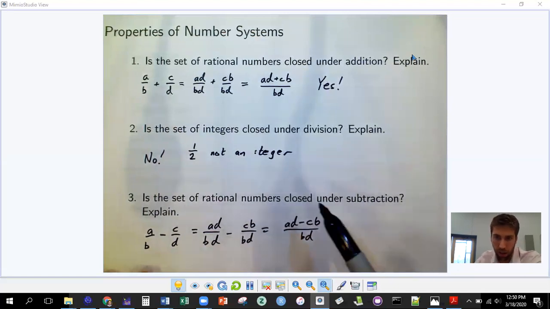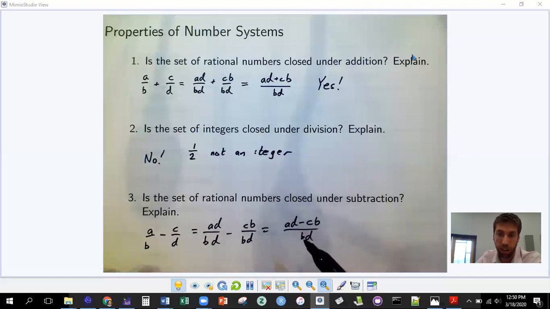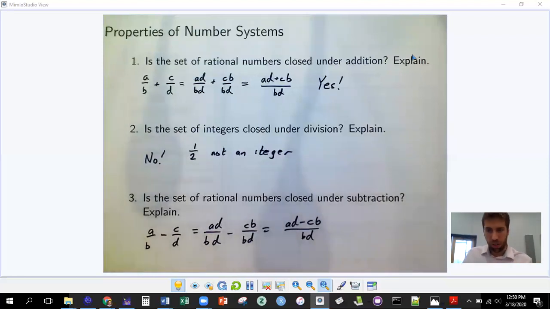And all these 4 letters are integers, and I'm multiplying and subtracting. Integers are closed under multiplication and subtraction. So the top, the numerator, is an integer, and the bottom is a non-zero integer, so it's a rational number.